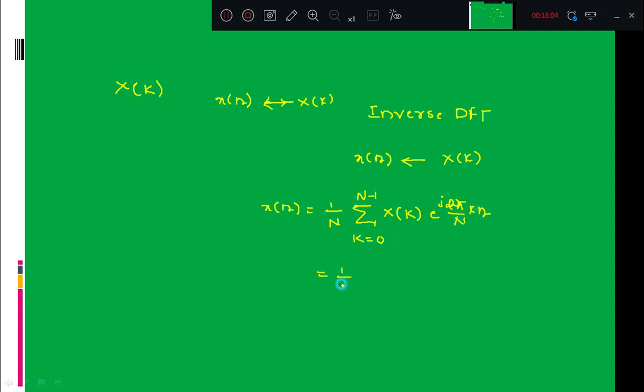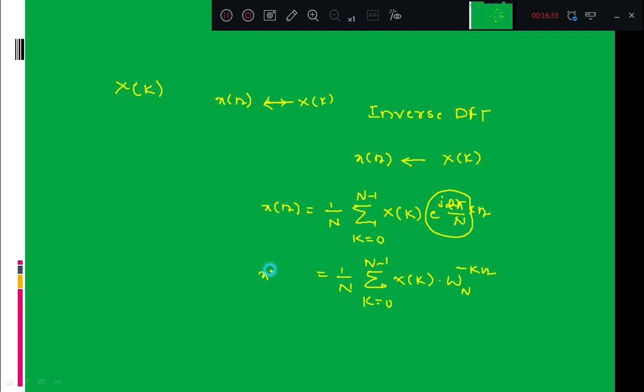Therefore it is 1 divided by N summation k equal to 0 to N minus 1 X of k into, we know that e raised to j 2 pi divided by N is considered as a complex quantity by W_N. Earlier it was e raised to minus j, but here we have e raised to plus j, so this becomes W_N raised to minus k into n.